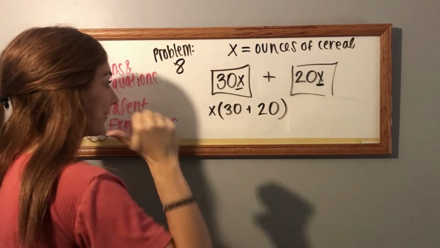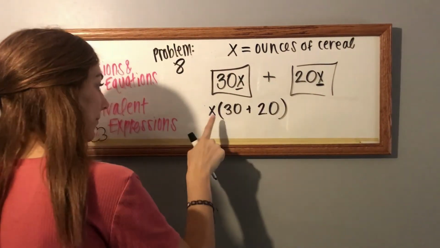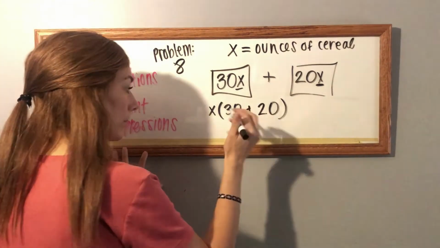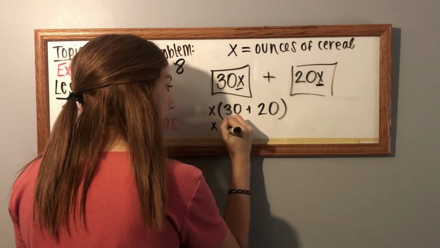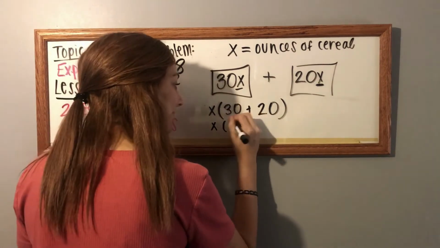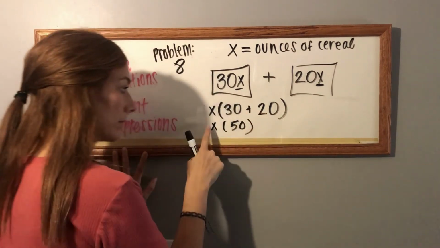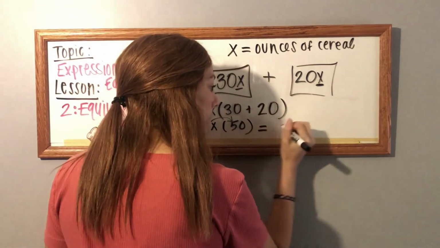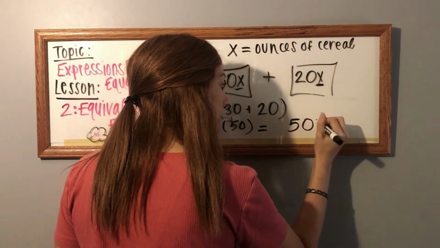From here, I am simplifying. So I've got 30 and 20 inside my parentheses. I'm going to add those two together. 30 plus 20 is 50, so now I've got x times 50. If I were to show the distributive property there of doing x times 50, I get a final answer of 50x.